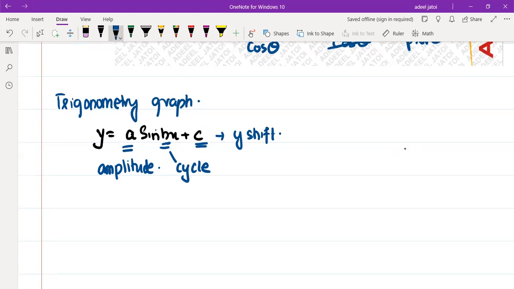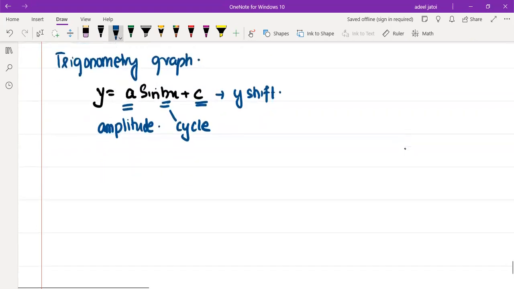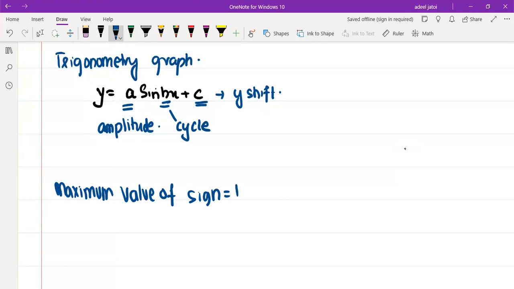In the context of the graph, you need to understand that the maximum value of sine is 1. Your minimum value of sine is? So, the maximum value of sine is equal to 1.